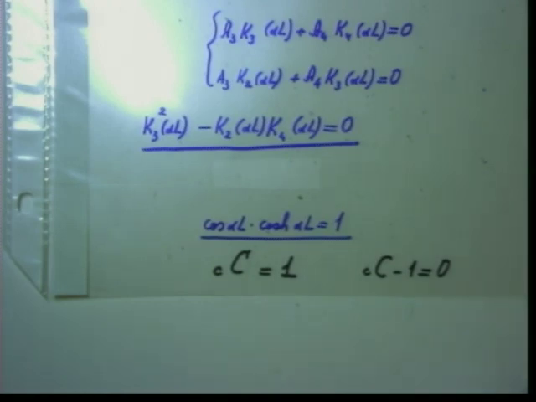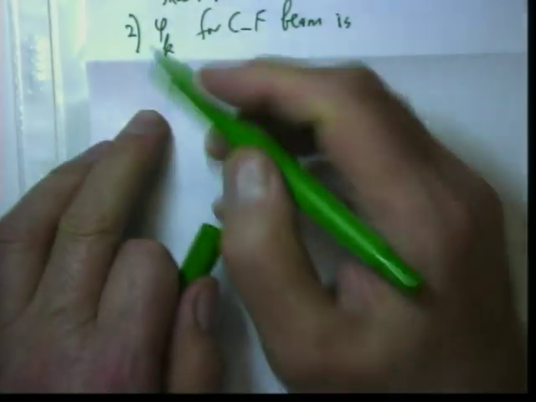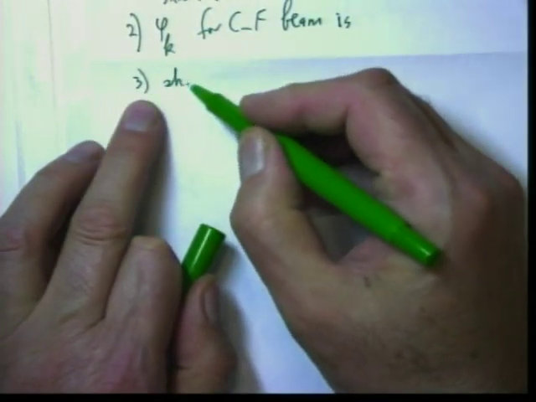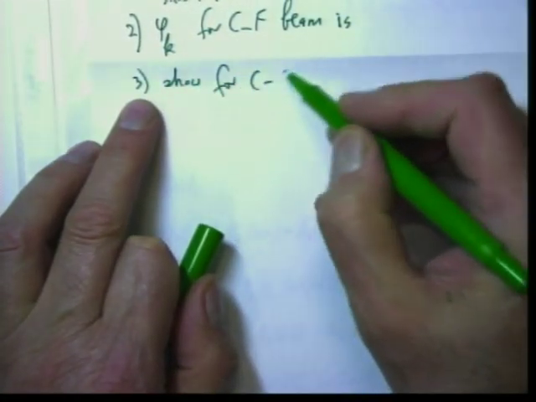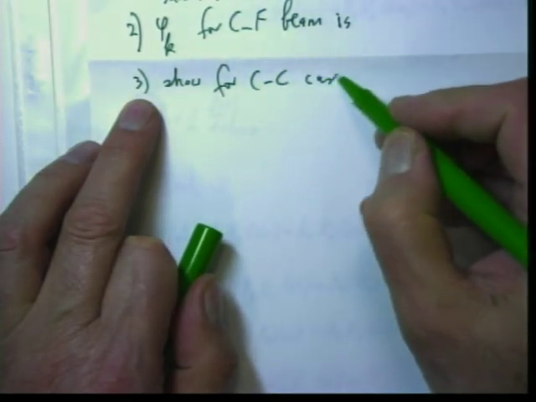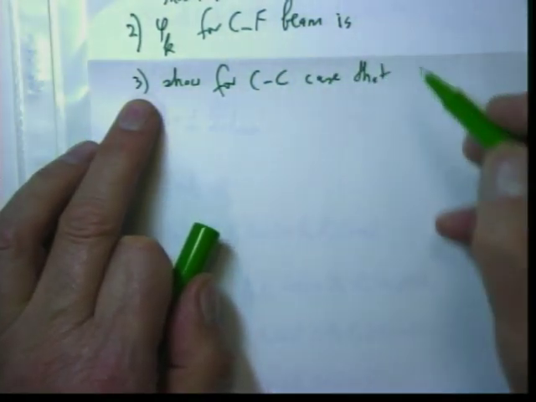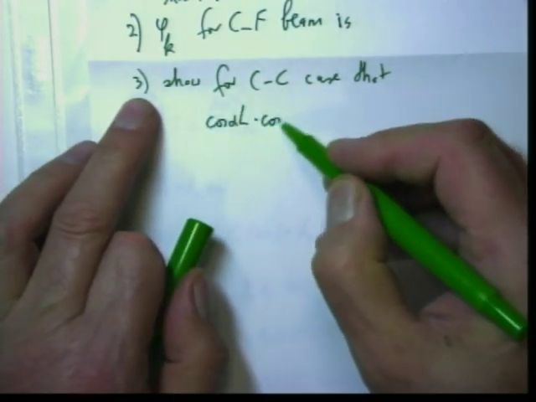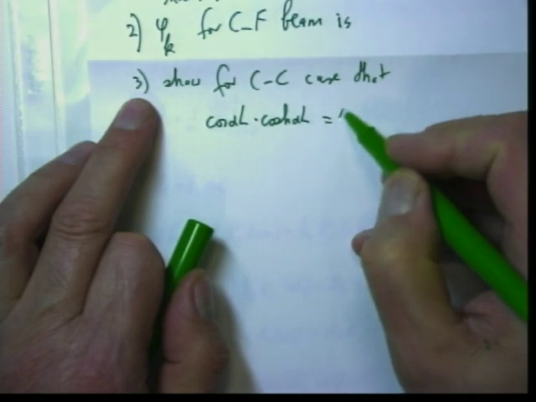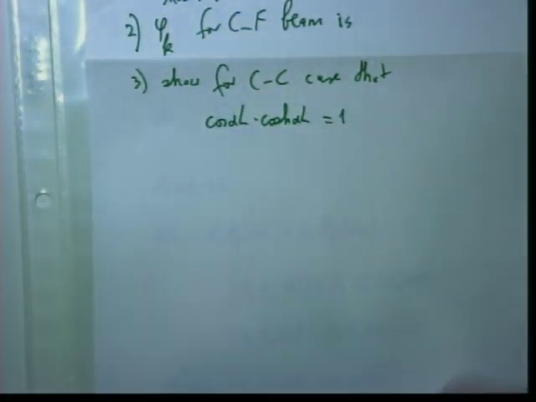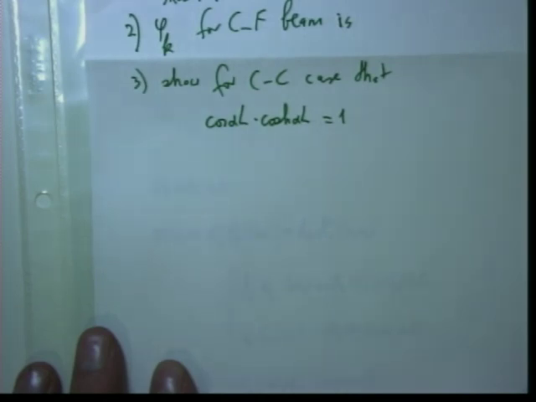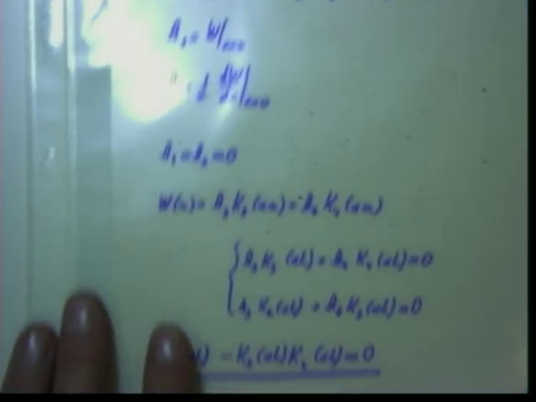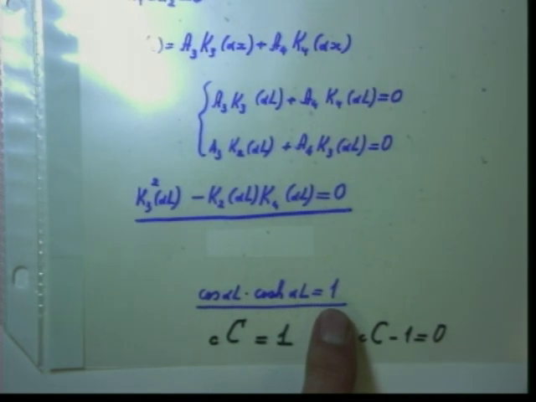So we would like to add here homework number 3: show for the clamped case that what we have is cosine alpha L, hyperbolic cosine alpha L equals 1.